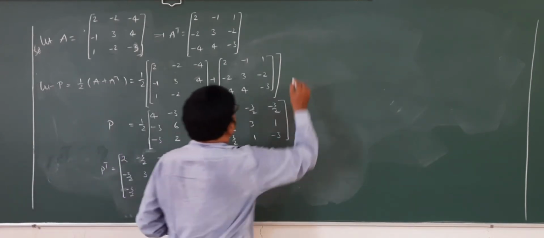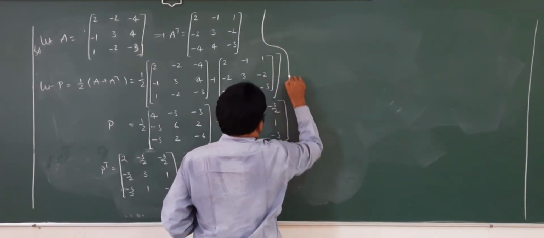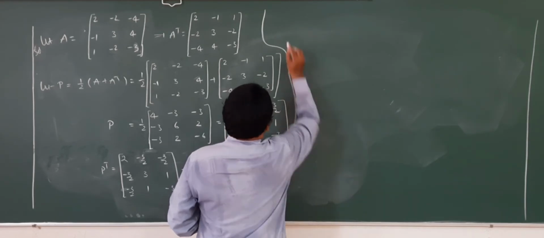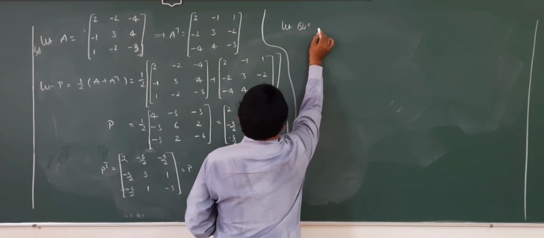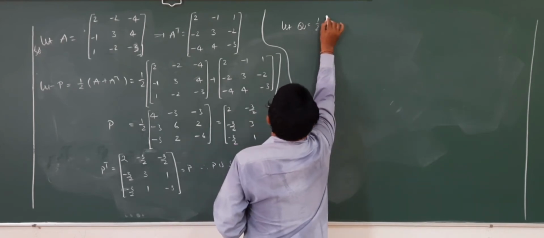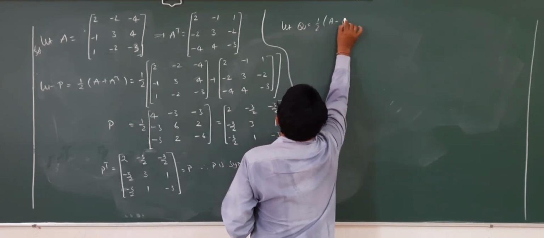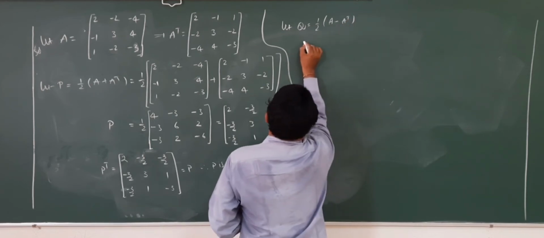Next, let Q equal to half of A minus A transpose.